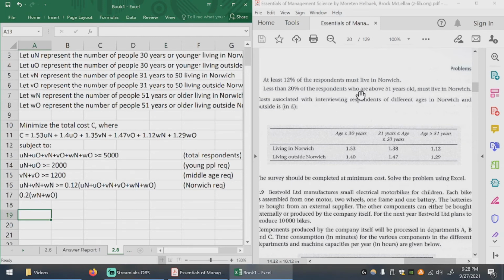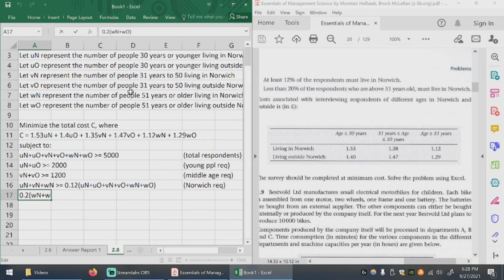So these are specifically referring to the old group. Of course, some are going to be living inside the city, some of them are going to be living outside of the city. Those that live inside the city must be less than 20% of all the old people.